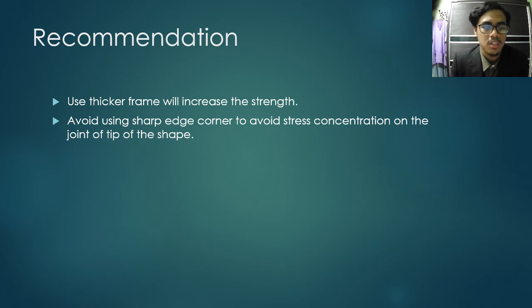Also avoid using sharp-edged corners to avoid stress concentration at the joint of the tip of the shape, such as the tip of a star, also the tip of a diamond beam.